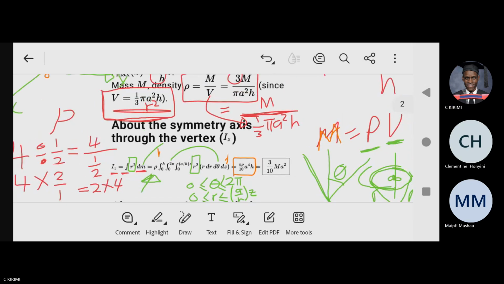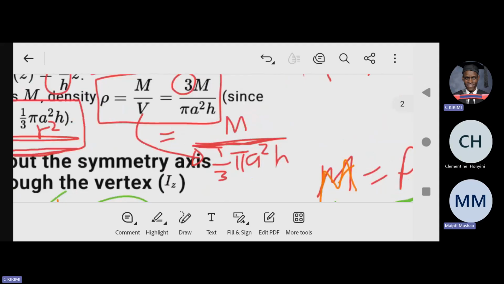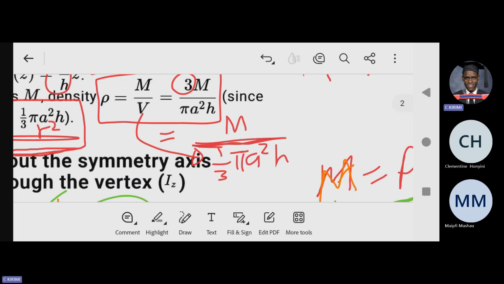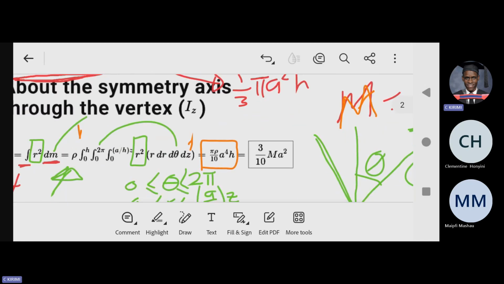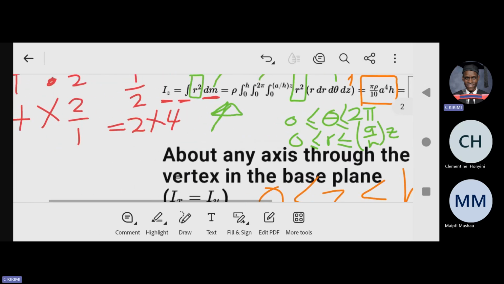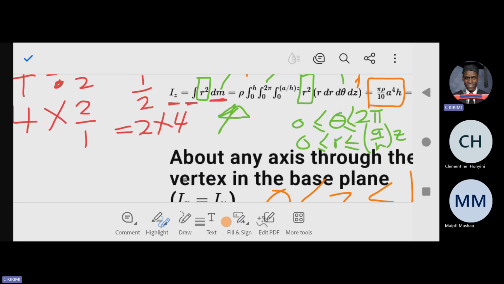How did this disappear? We said our rho is equal to 3m on the numerator divided by pi a squared multiplied by h. So if I get this answer which I'm having there, you manipulate it like this, where you are given pi.